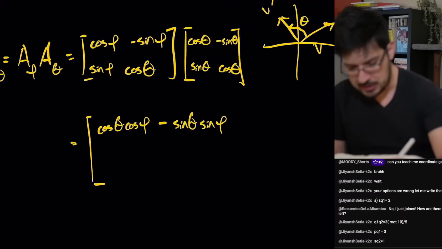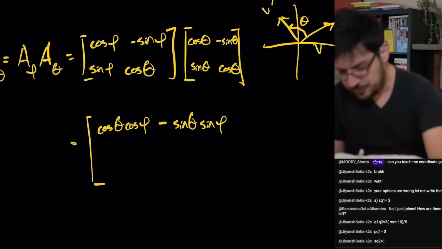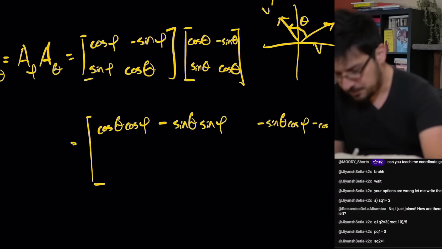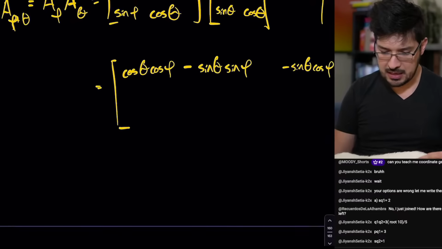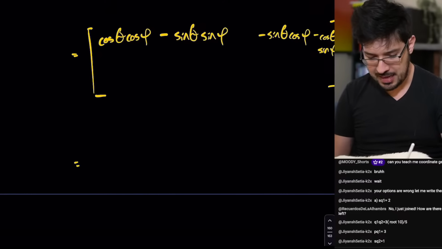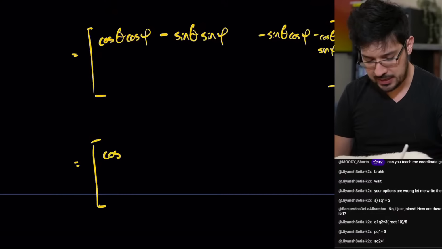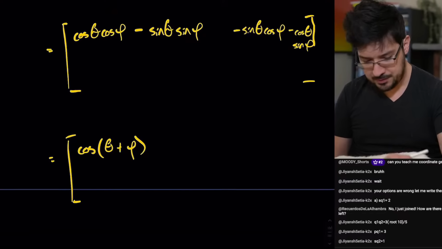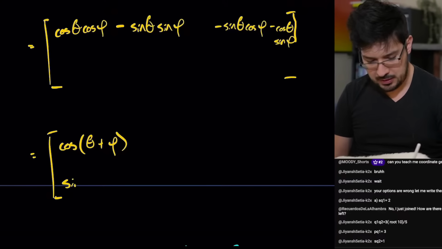These are going to be long. Negative sine theta cosine phi minus cosine theta sine phi, etc., etc. And this should be the same as cosine of theta plus phi.